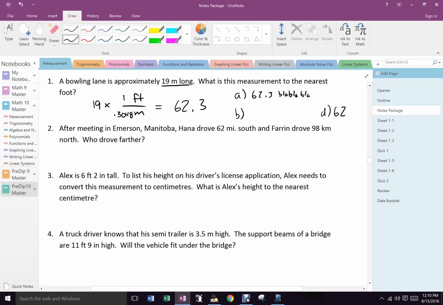So it'll depend on the question. I will always tell you what I need you to do. Or you will just do all the math you can, show me everything you can. Understand? All right. Number 2, I have miles and I have kilometers.